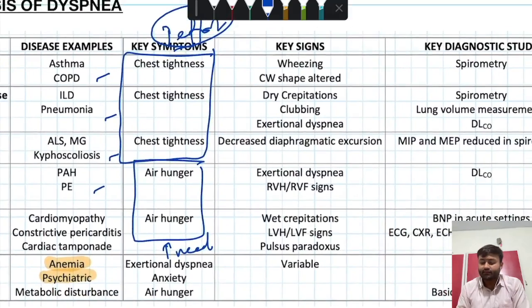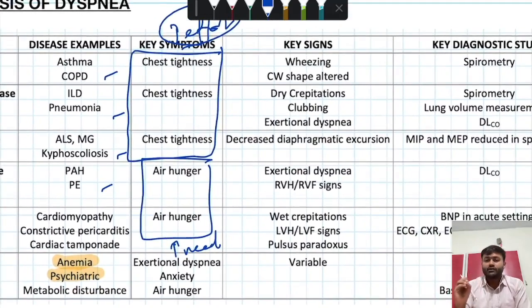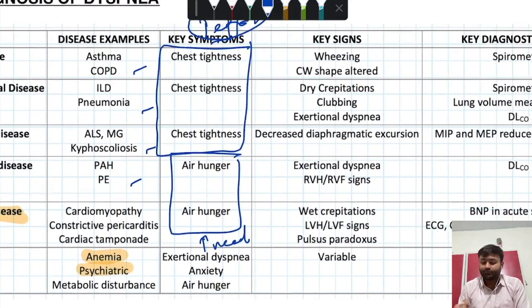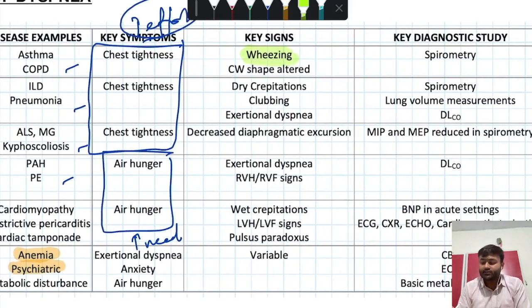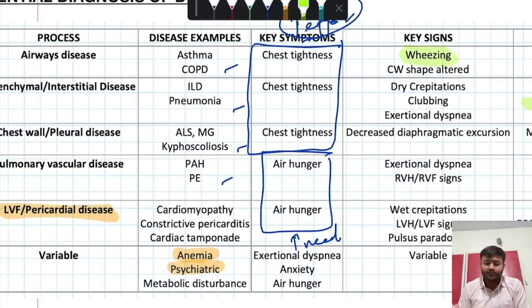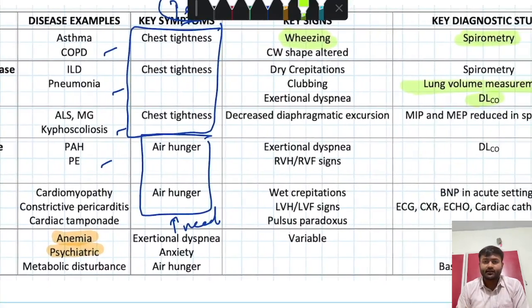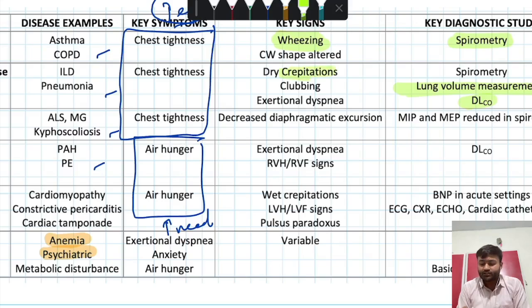The key signs that will help us move towards the diagnosis: for asthma and COPD, you should think of wheezing as a possible symptom, and the initial investigations for pulmonary etiologies are spirometry, DLCO evaluation and lung volume measurements. If it's a parenchymal or interstitial lung disease, then generally crepitations, clubbing or exertional dyspnea could be likely findings.